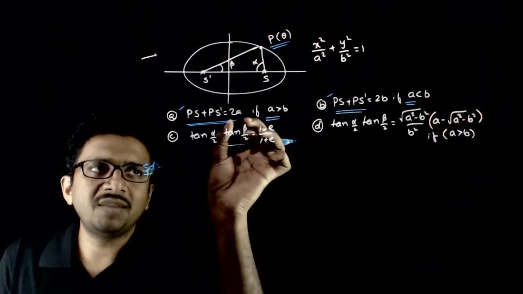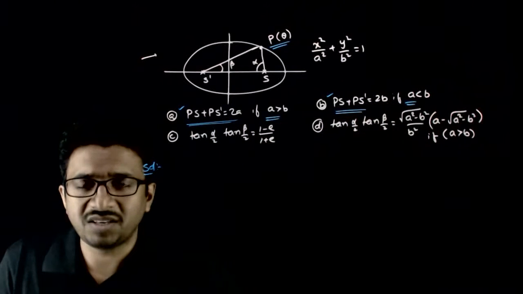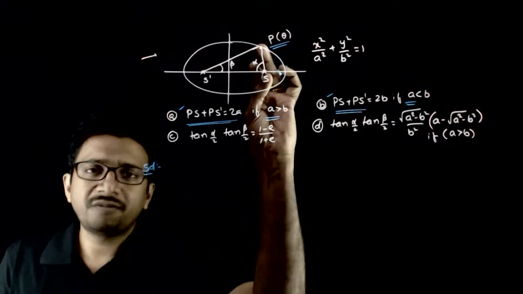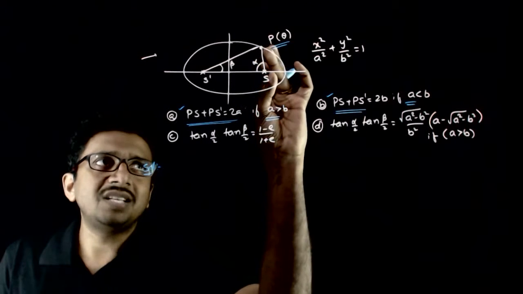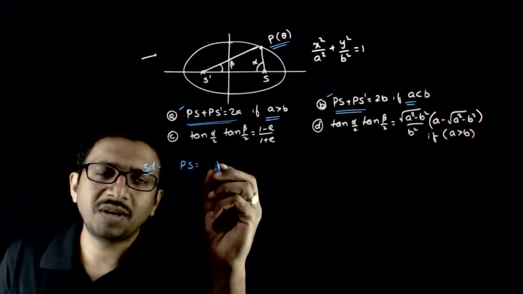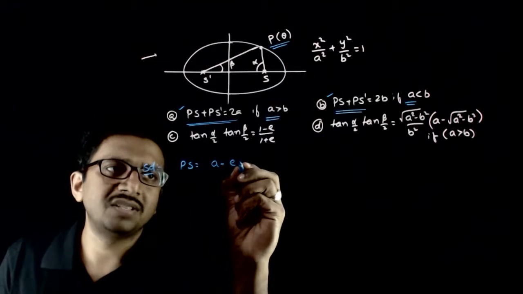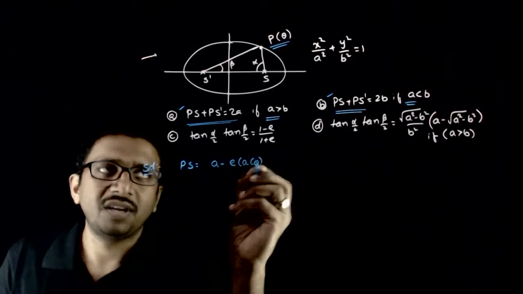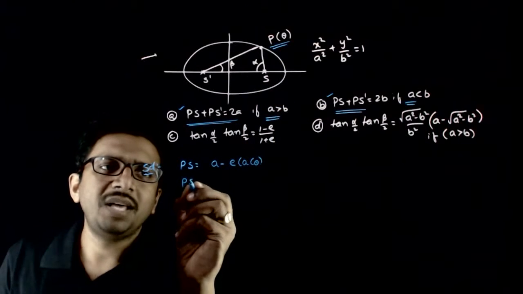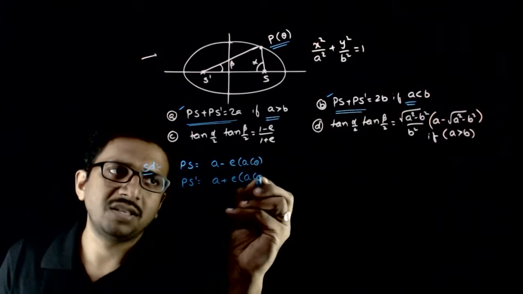So if A is greater than B, the length of the major axis is 2A. If A is less than B, the length of the major axis is 2B. Otherwise, you can think of it like this. The focal distance PS of point P from S is nothing but A minus E times the x coordinate, which is A cos theta, if I think of P as (A cos theta, B sin theta). And PS dash is nothing but A plus E times A cos theta.